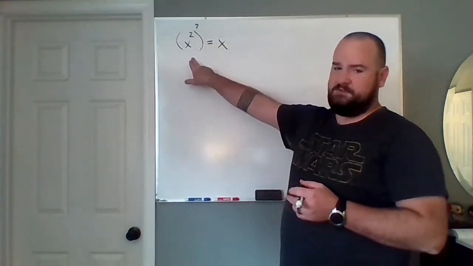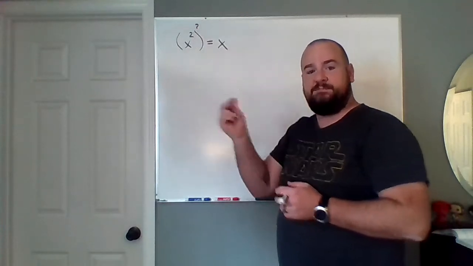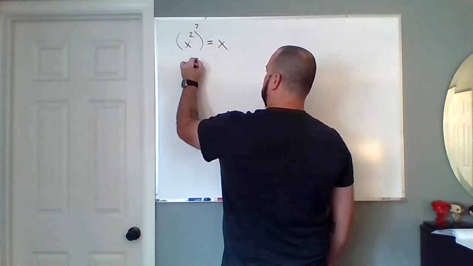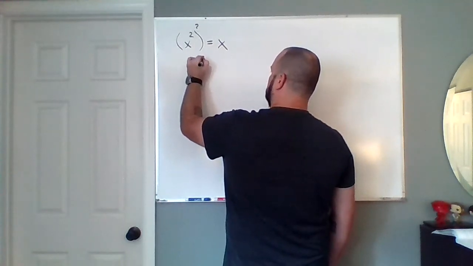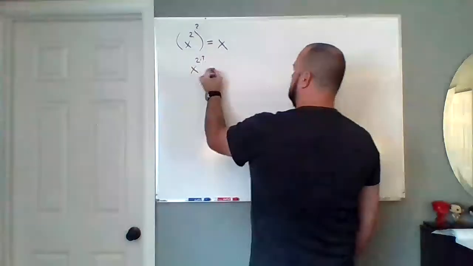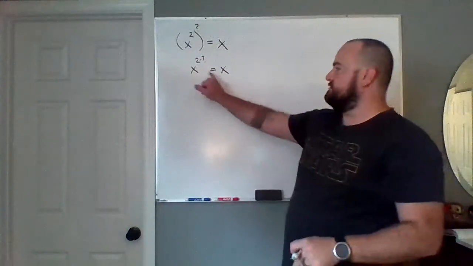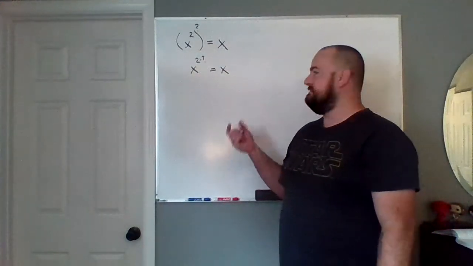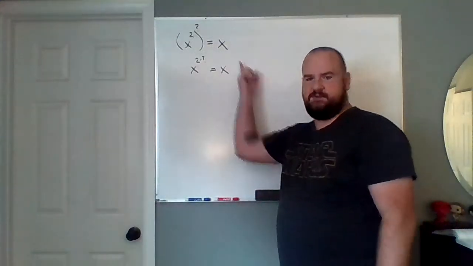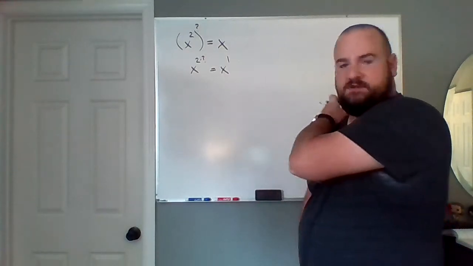Well, if I have something raised to a power raised to another power, I multiply those exponents. So this becomes x to the 2 times our question mark, and we want this to equal x. The bases are the same, so if these are equal, then the exponents have to also be the same. And what's our exponent on this side? Well, our exponent here is 1. If there is no exponent, it means we have an exponent of 1.